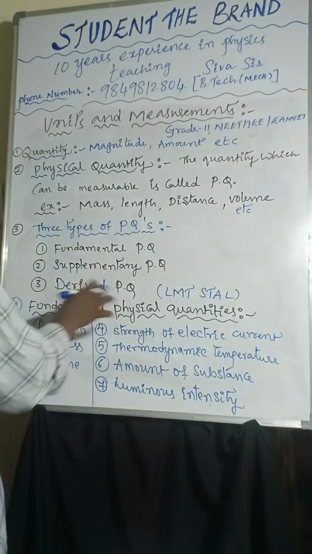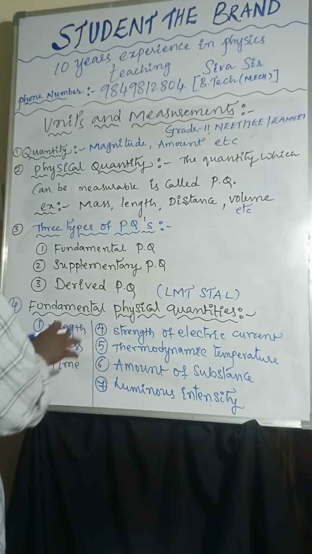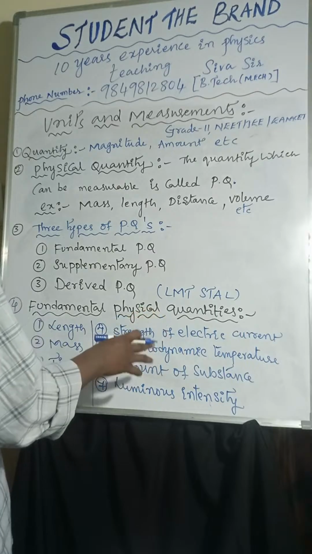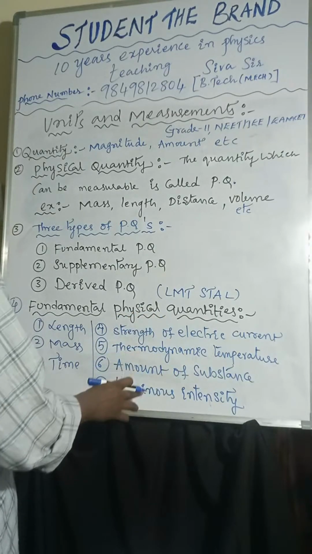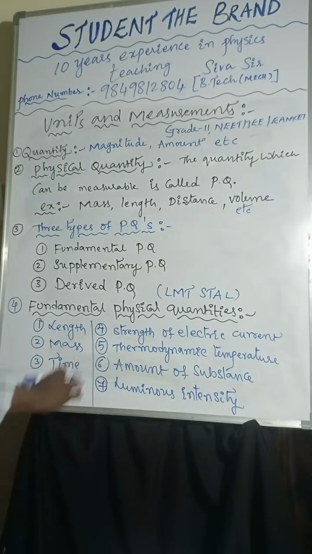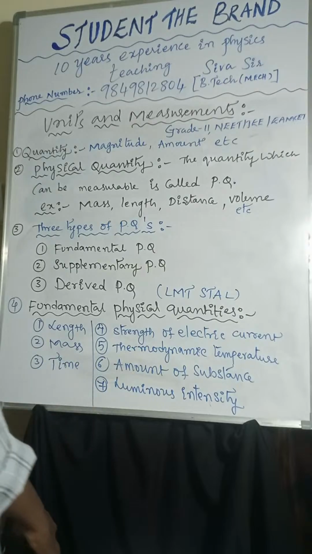The fundamental ones are length, mass, time, strength of electric current, thermodynamic temperature, amount of substance, and luminous intensity. These are the seven fundamental physical quantities.